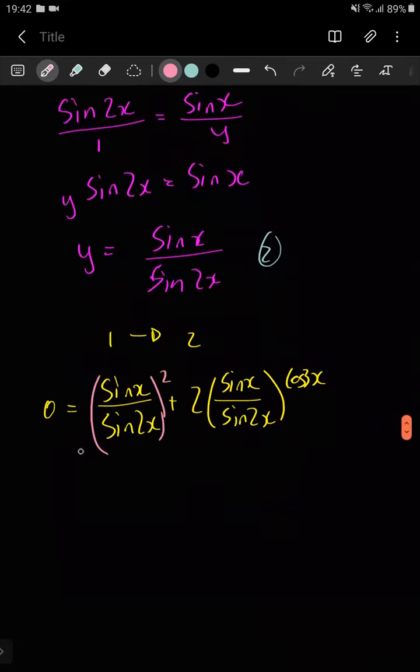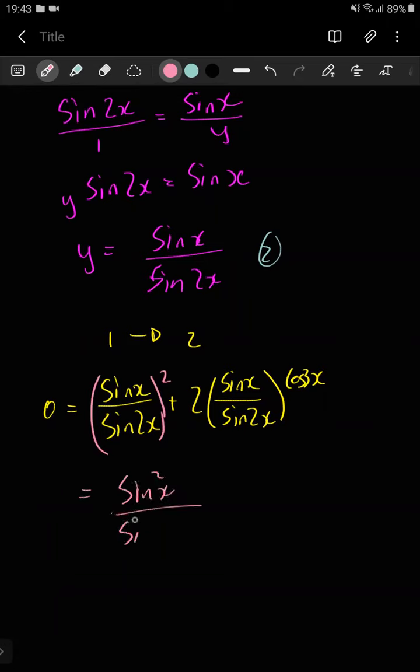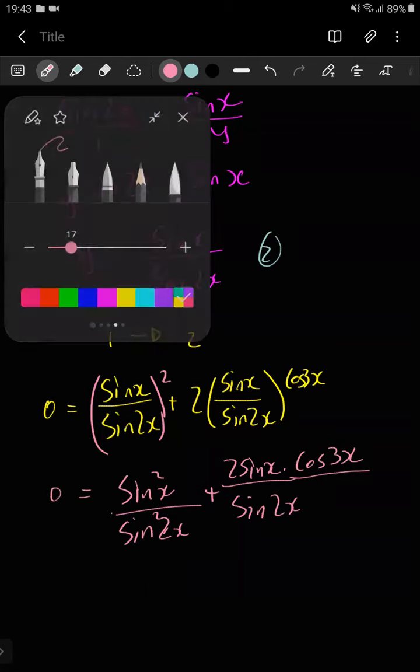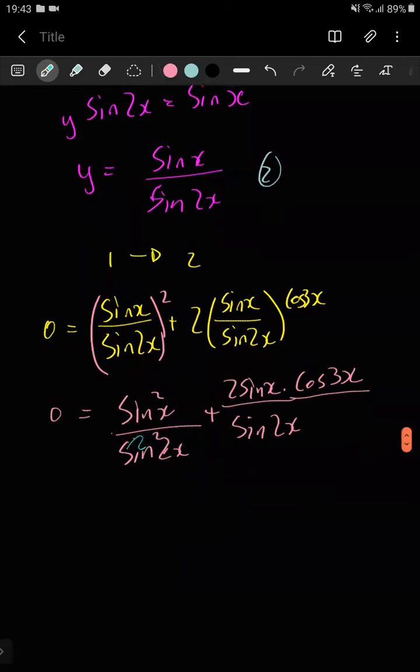So carrying on, it's going to be sine x squared, sine squared 2x, and then plus 2 sine x sine 2x. Oh snap, I forgot to multiply the cos 3x. Cos 3x, fine. Now the big idea here, if you look at it logically, your LCD here is sine squared 2x.